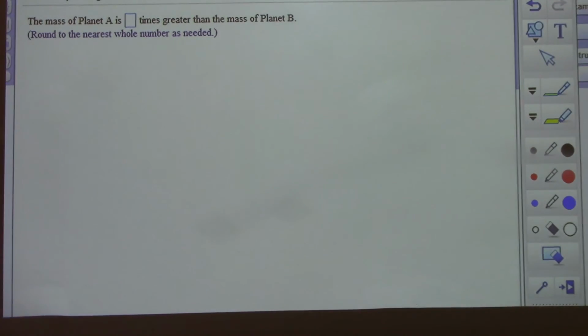I weigh 250 pounds. If Zana weighs 50 pounds, I'm not going to say 150 pounds. If Zana weighs 50 pounds, how much bigger am I? 200? No, times. 5 times, Hubert.